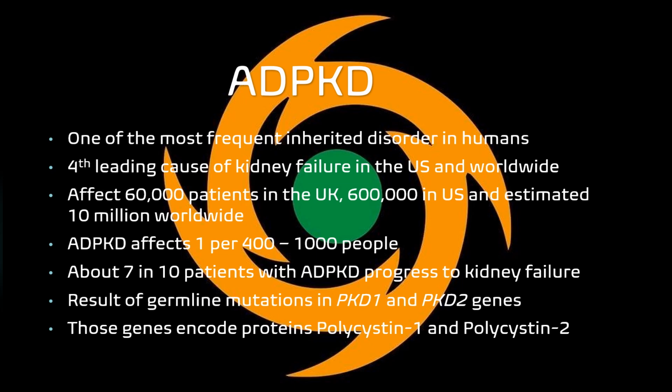The result of germline mutations is evident in ADPKD, wherein PKD1 and PKD2 genes are affected, and these genes encode proteins referred to as polycystin 1 and polycystin 2.